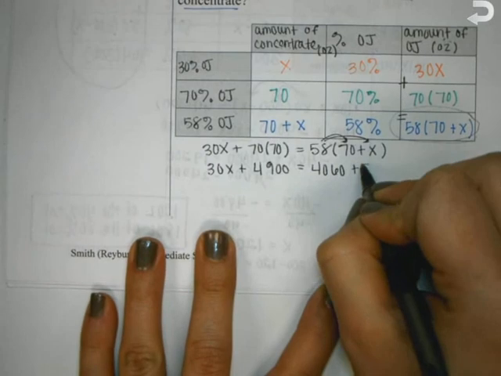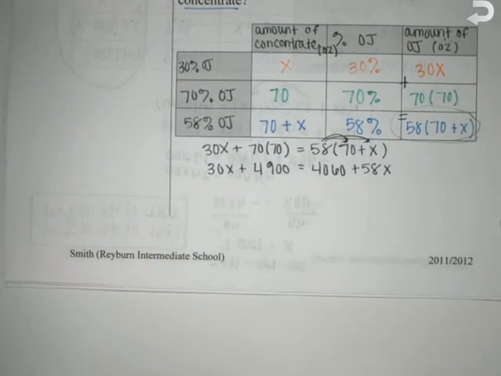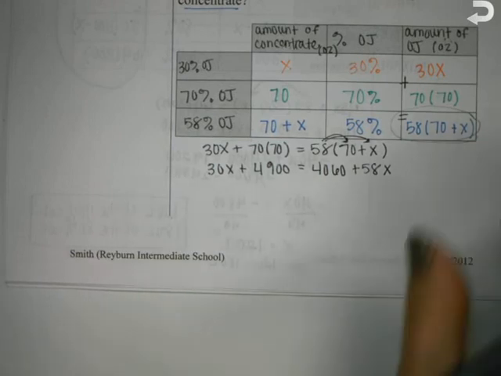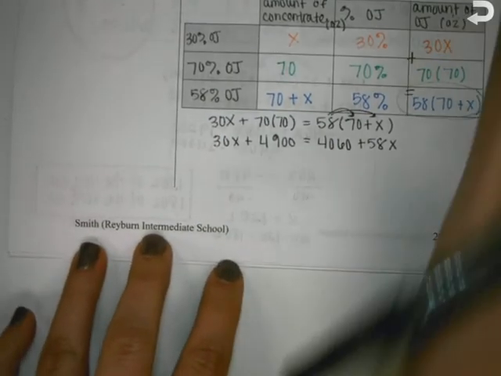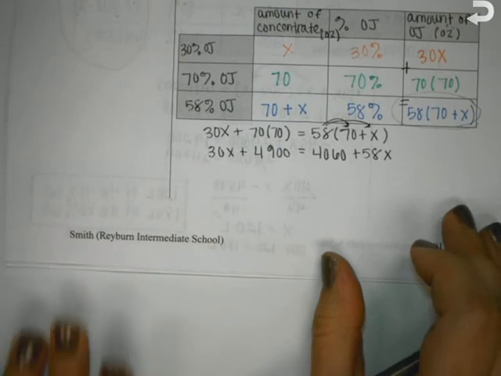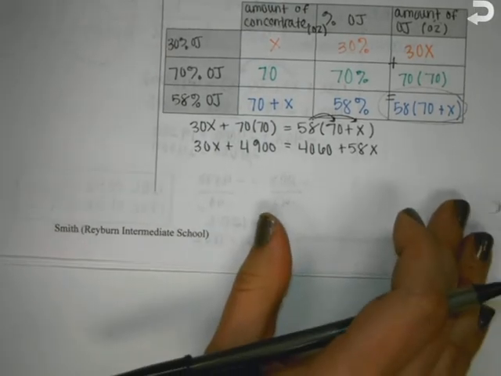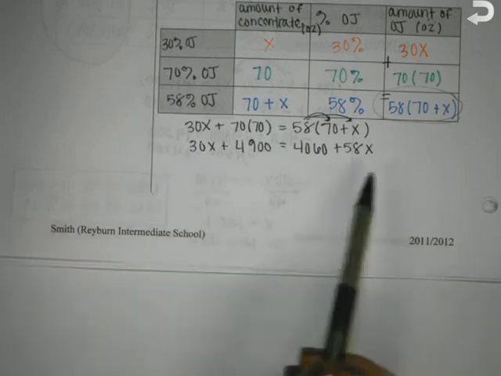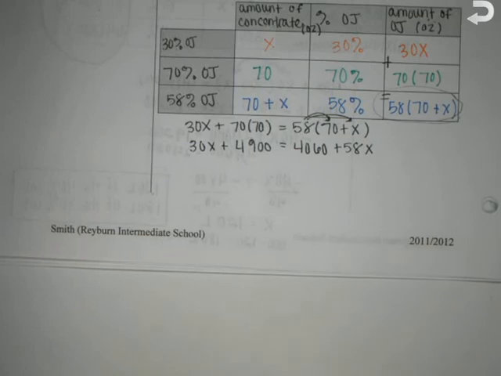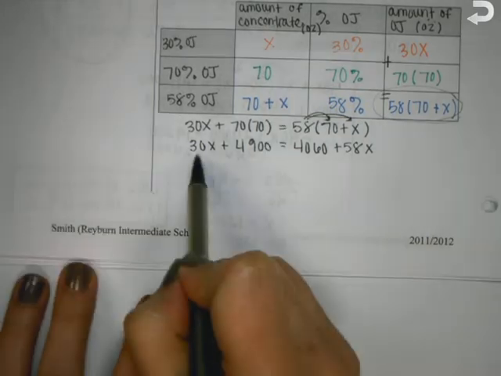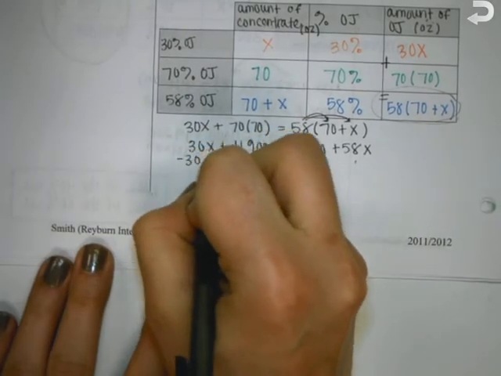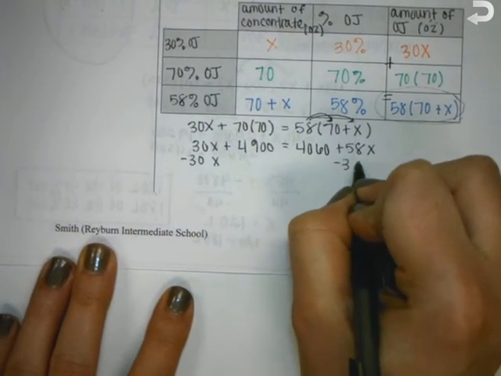Okay, this is something we already know how to do. What do I do next? Well, we have all the x's on one side and all the numbers on the other, right? So which one do you guys want to move? 30x or 58x? 30x? Why 30x? Because it's smaller. So that's going to give me 4,900 equals 4,060. 58 minus 30 gives me 28x.